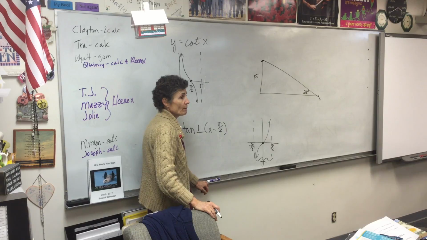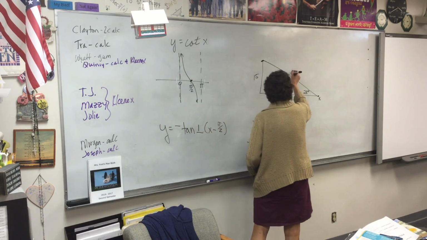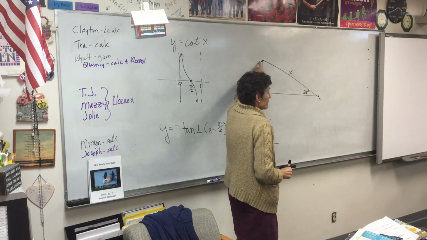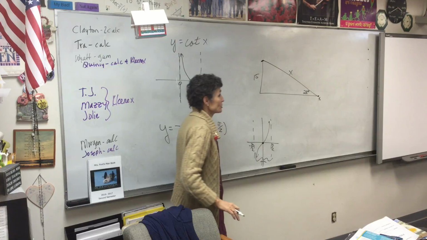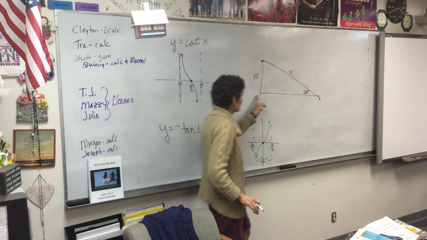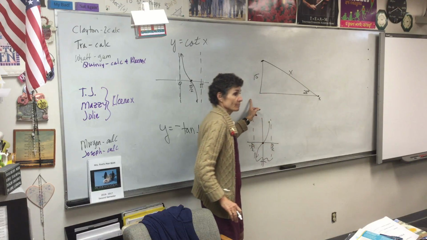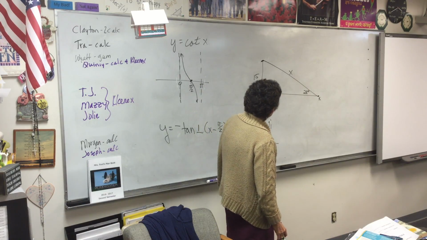So where are we putting the x? On the hypotenuse, because there I am, and there the kid is. Now, if the question said, how far is the kid from the edge of the pool, that would be here, right? Then you look at it, what function are you going to use? Sine.